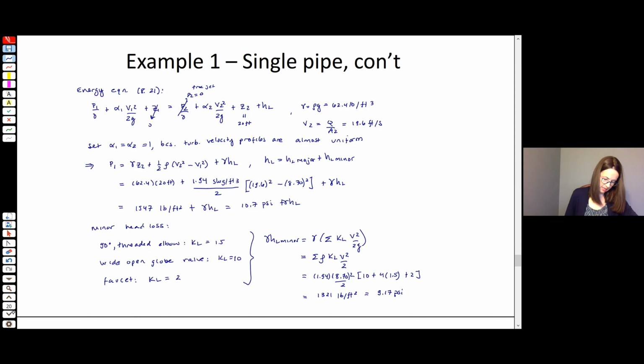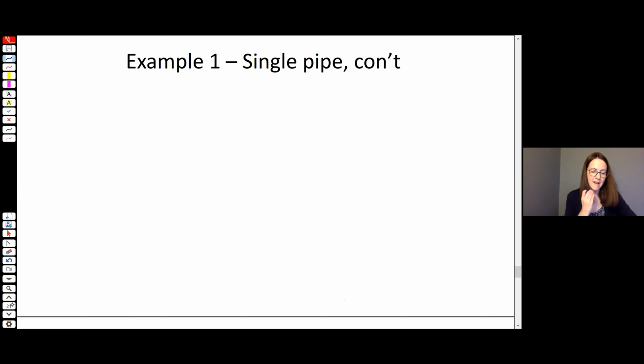All right. Now calculating the major losses for this problem. So here we have HL major is equal to f times L over D times V1 squared over 2g.